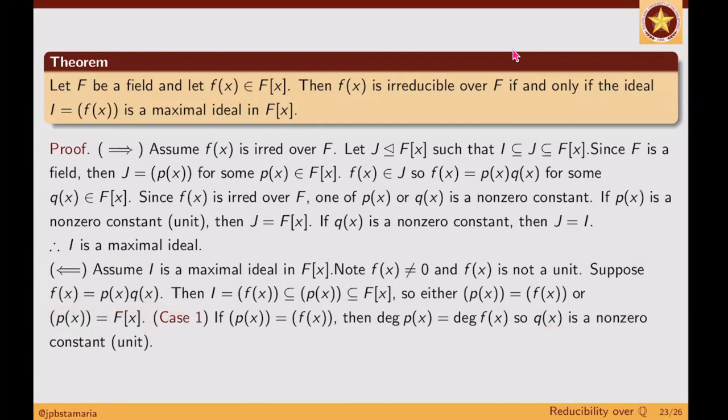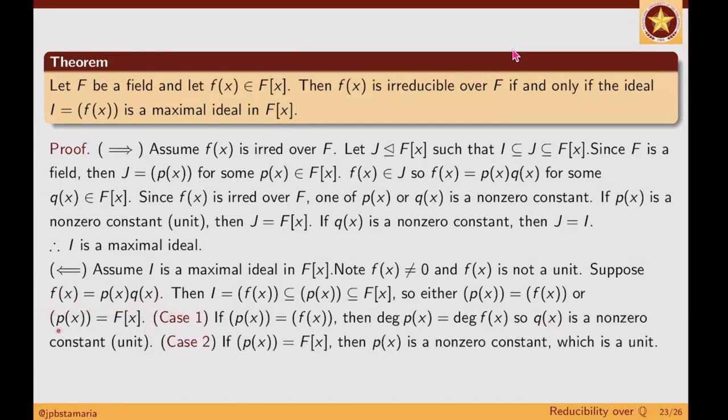Now, when you look at the second case, kung ito naman ang true, kung lahat naman ng polynomials ay multiple ng P of X, anong mangyayari? Magka-follow na si P of X ay non-zero constant kasi hindi pa pwedeng lahat ng polynomial multiple ng kahit na sinong polynomial.